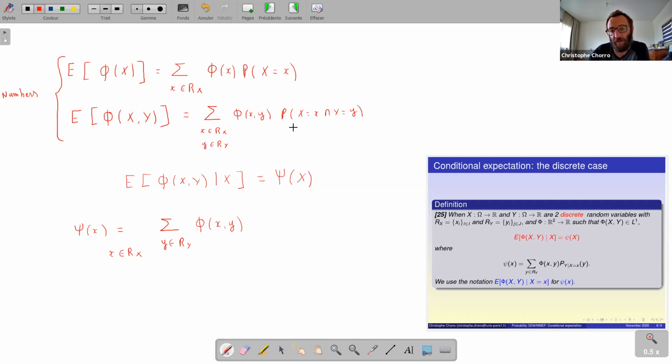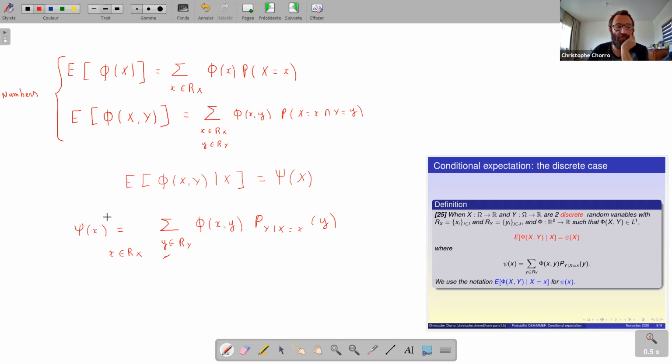Here it's the probability mass function of the pair. And here it will be the conditional probability mass function, that is the probability of Y given capital X equal to small x at the point y. Okay, so it will be a sum over y of these quantities, where I have the conditional probability mass function of capital Y given capital X equal to small x.